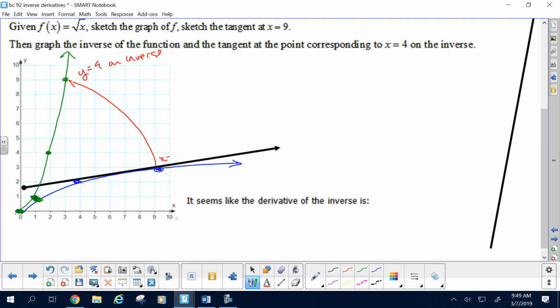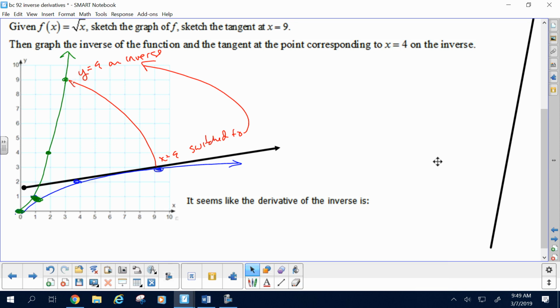So the inverse will involve looking at the y on the original rather than the x.